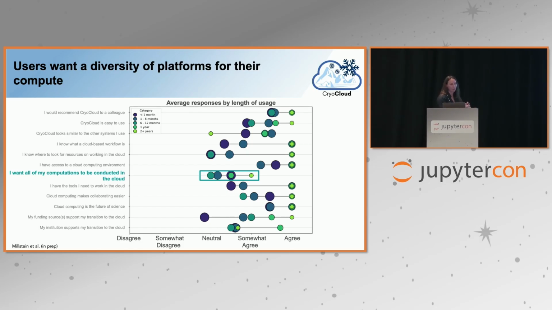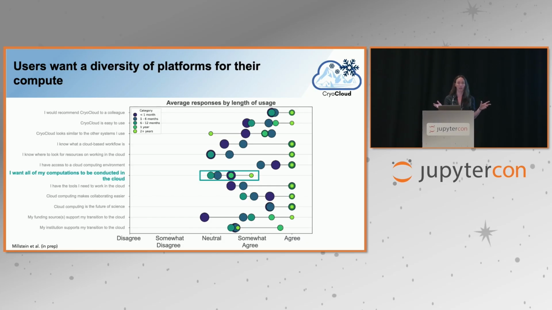We also asked a number of questions here. We've broken this out by the time that a user has used or been on the cloud, with the light green being the longest amount of use. And while a lot of these progress to the right as people become more familiar with the cloud, what's interesting is that the question of whether they want to compute all of their work in the cloud does not change.